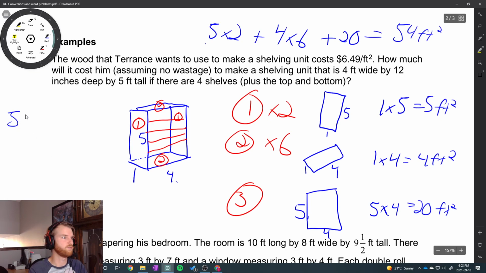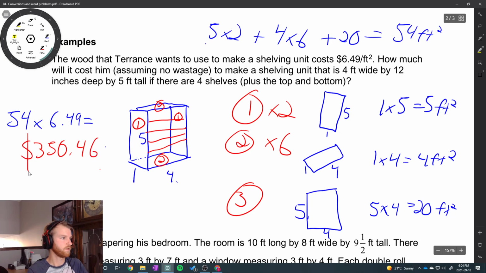So we're going to say 54 times $6.49 to give us our cost of this. So our final answer is going to be $350.46. And so that's how much it's going to cost for this shelving unit.